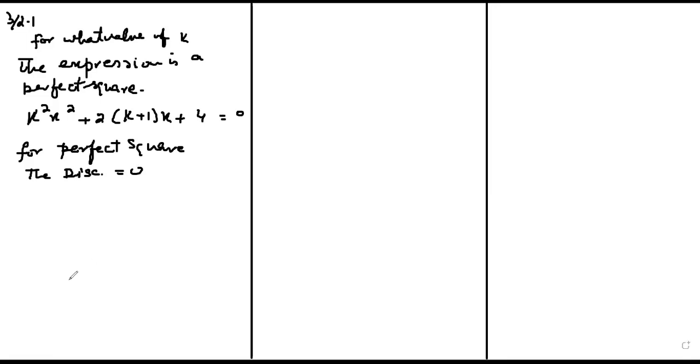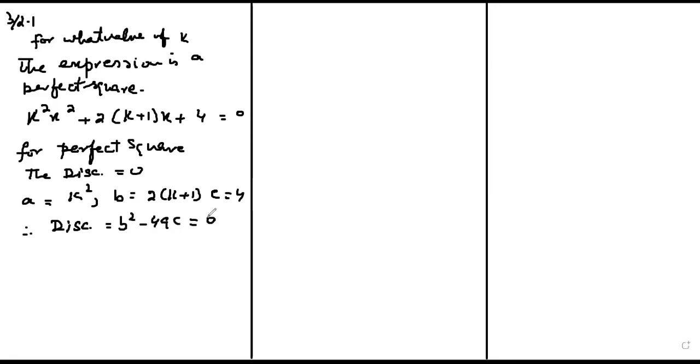Right? So here a equals to k square, b equals to 2k plus 1, c equals to 4. So therefore, discriminant equals to b square minus 4ac must equal to 0. What is b square is 2 times k plus 1 the square minus 4 times k square and 4 must equals to 0.